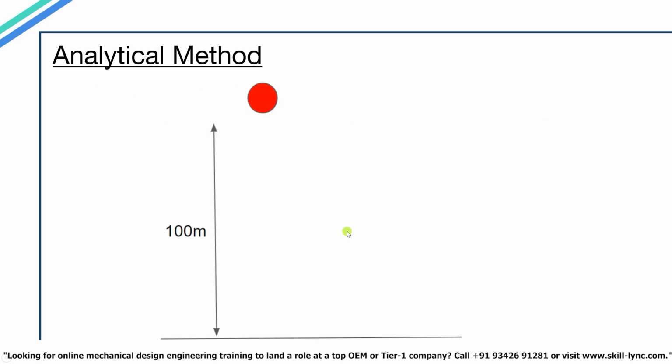A very basic example of analytically solving something would be, let's say I drop a ball from the top of a 100-meter building and I ask you how much time it would take for the ball to reach the ground. In this case, your initial conditions would be the initial velocity, which is 0, the height of the building, which is 100 meters, and the acceleration due to gravity, which is 9.8 meters per second squared.